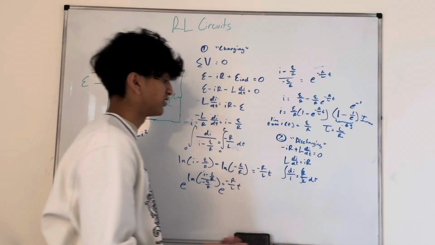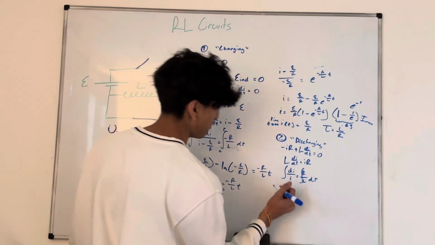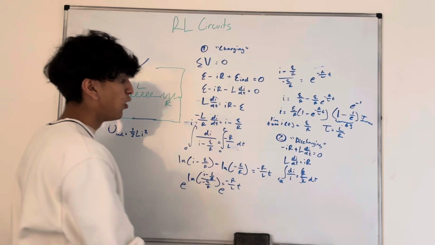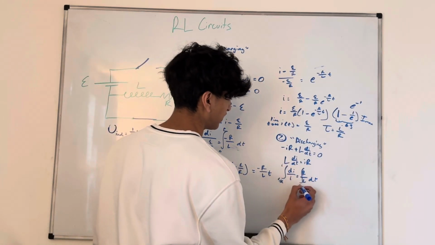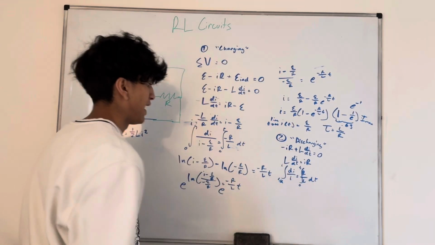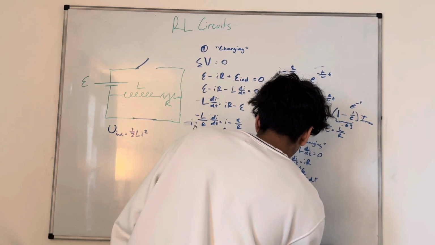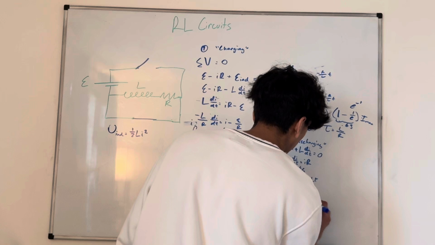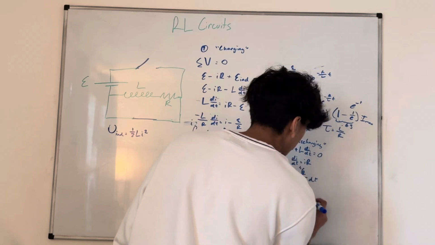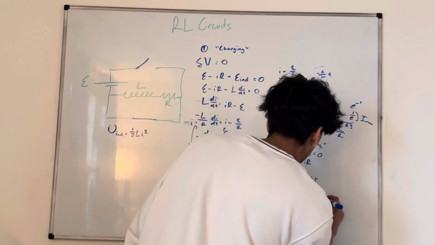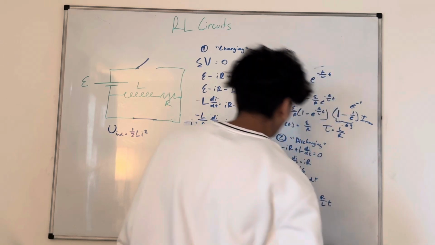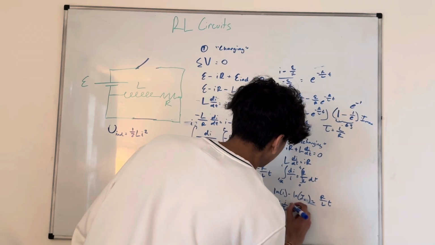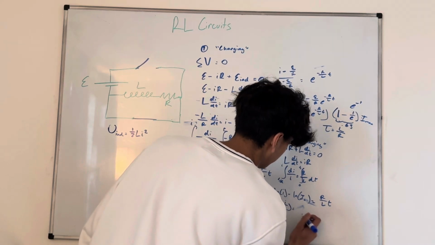What are our bounds going to be this time? Now this time I'm going from my max current, which was before EMF over R, to some amount of current I, and I'm starting at 0 going to t. So I get ln I minus ln I max, the initial current, that's better. You can do your difference of logs, you get ln of I over I initial equals R over L t.